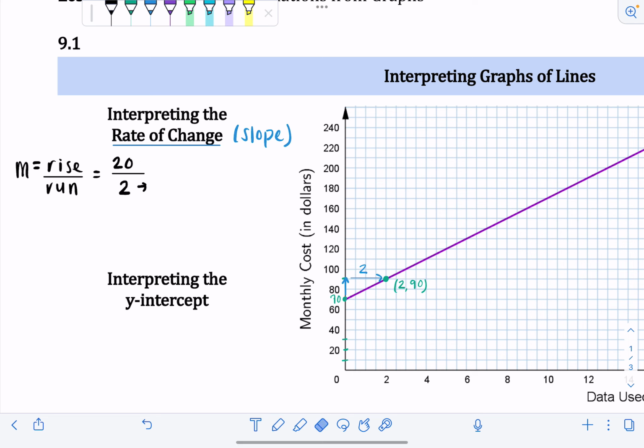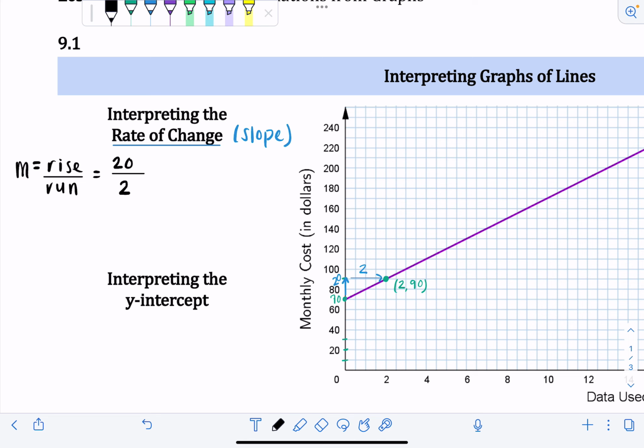And you don't actually have to put the arrows out there. I was just showing what direction we're going. So we had to go up 20 and then over 2. And you always want to make sure that when you're finding your rise over run, you're paying attention to the scaling. If I had just counted the marks on the graph itself, that would have been up 2 over 4, but we have to pay attention to how the graph is scaled when we're finding our rate of change.